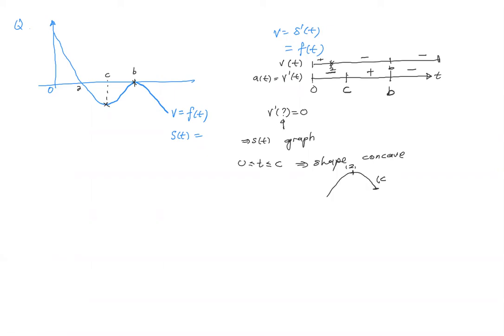Then from t between C and B, it is convex until you reach B, where it becomes 0. This is a horizontal inflection point. After that, it turns to concave and goes down. So this is your S(t) graph.